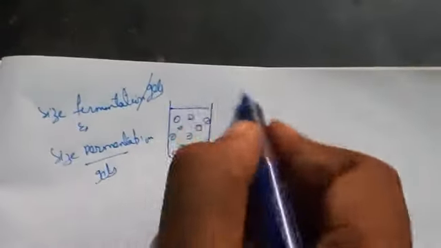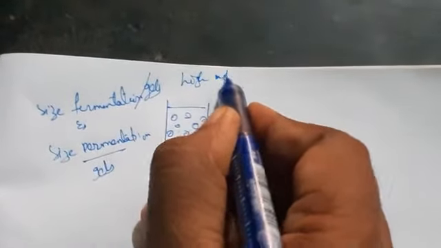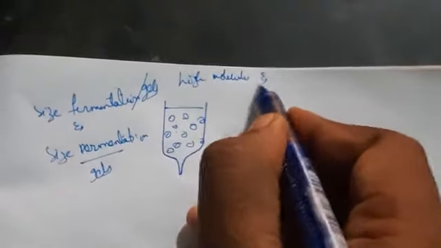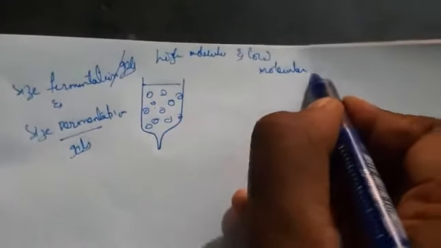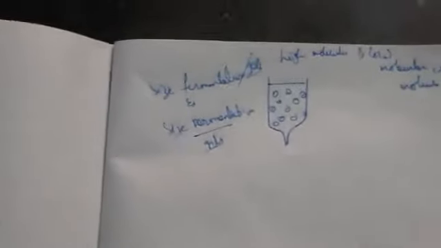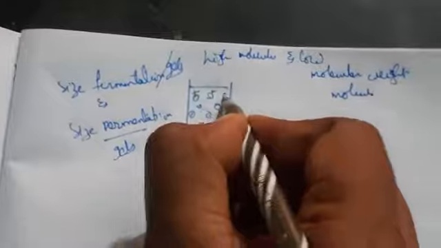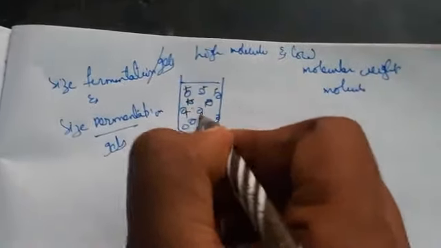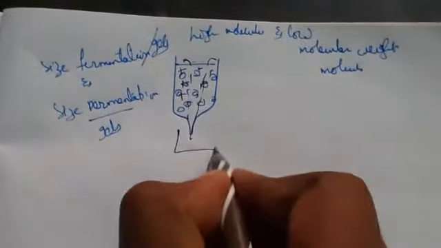When you add high molecular weight molecules and low molecular weight molecules, what happens here? The low molecular weight molecules will stick to the stationary phase, and the high molecular weight molecules are going to separate.